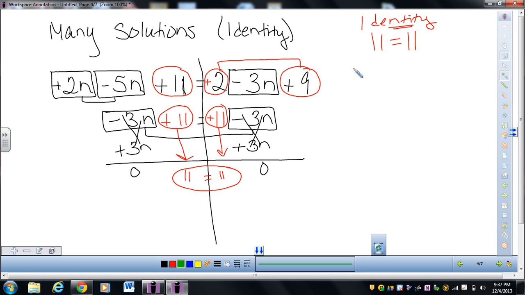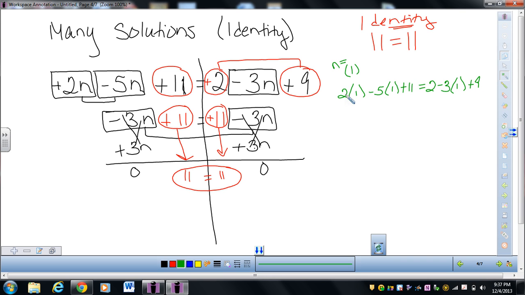So let's say that we substitute in 1 for n. So n equals 1. If we do 2n, which we said is going to be 1, minus 5n, which we're going to put 1 in, plus 11, equals 2 minus 3n, which we said was 1, plus 9.